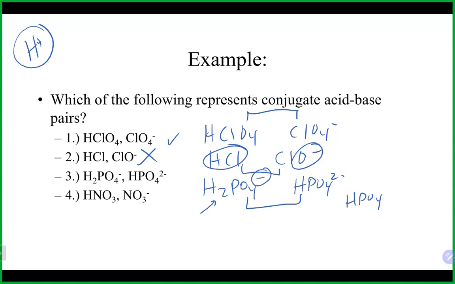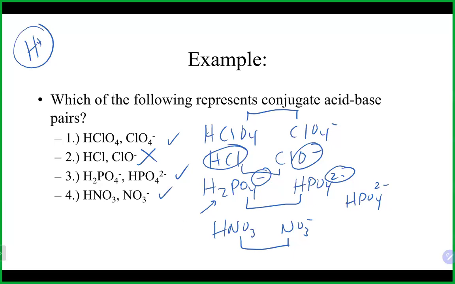We lost the positive, so we become one more negative. So that's why it ends up at -2 here. Again, that positive charge is really important as well because it does affect the end product. But in terms of this question, it is a pair. And lastly here, we have HNO3 and NO3 minus. Are these guys pairs? These guys are pairs, yeah.